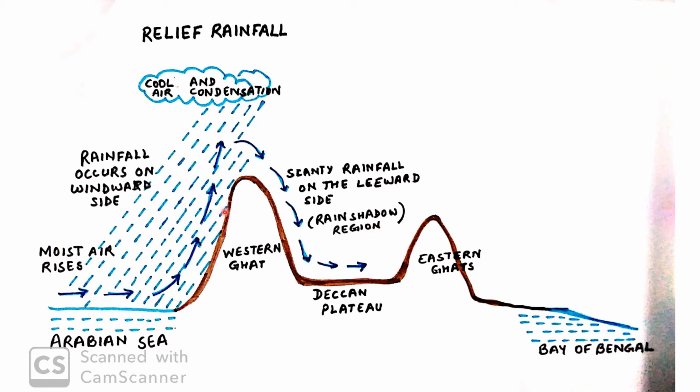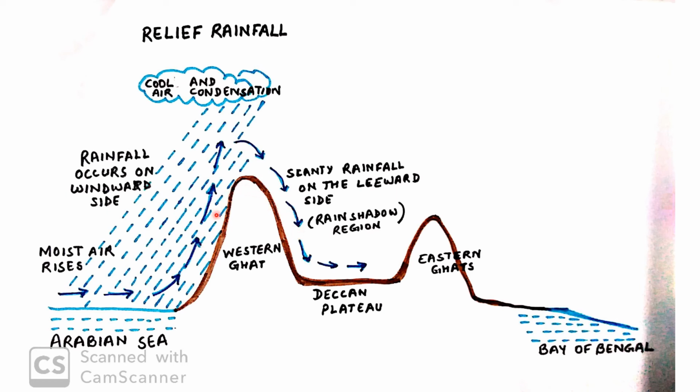Now suppose Mahabaleshwar is situated on the coastal area, west of the Western Ghats, and Pune is situated on the other side. A question can be asked why Mahabaleshwar receives more rainfall than Pune.